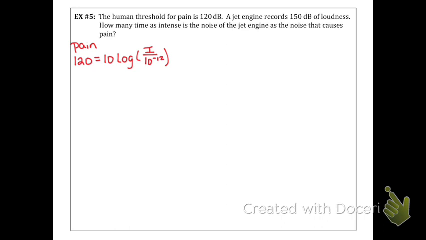And then for the jet engine, notice both of these equations only have an I for their variables. So we're going to solve both of these equations for I, and then we're going to compare them. So I'm going to go back to the pain one, and I'm going to solve for I. First we're going to get the log by itself, so divide by the 10.